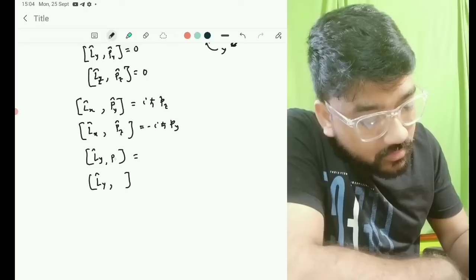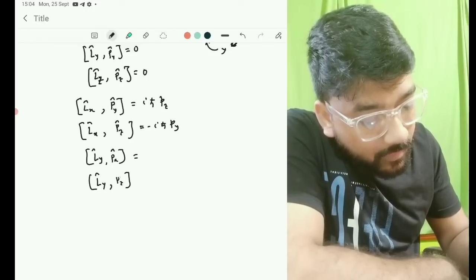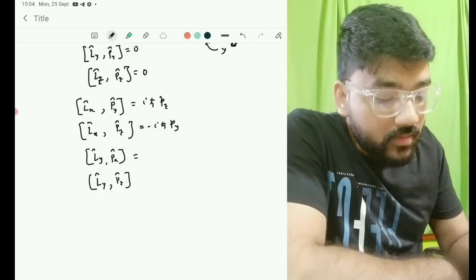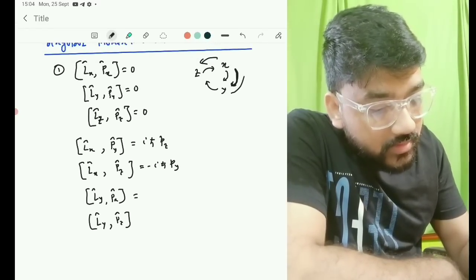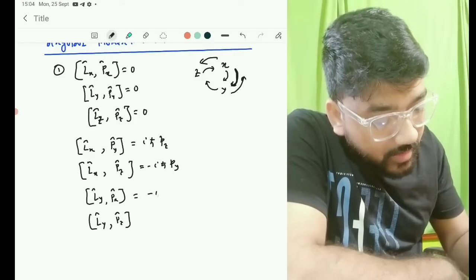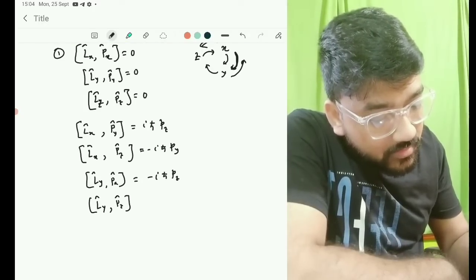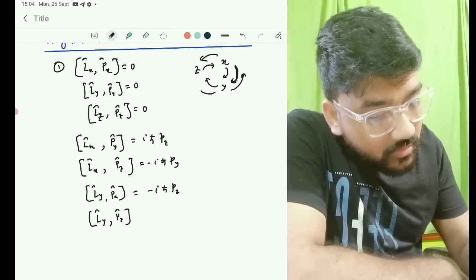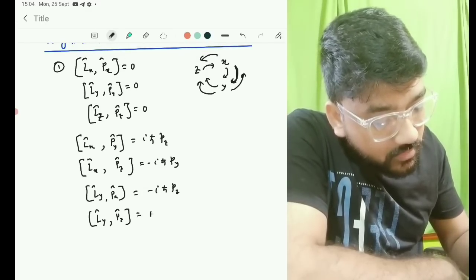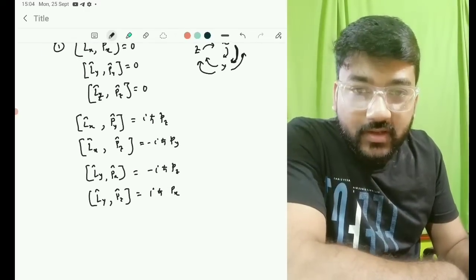Suppose Ly with Px and Ly with Pz. So Ly with Px: y to x is again anti-clockwise, so that means minus i h cross Pz. Similarly, here y to z is clockwise, so it will be positive, so it will be i h cross Px. So this is how you can write.